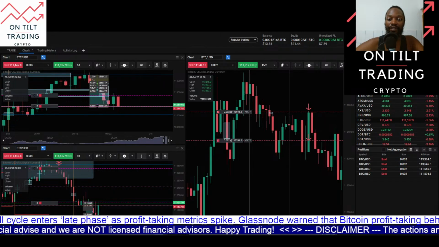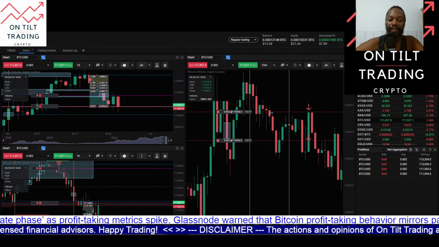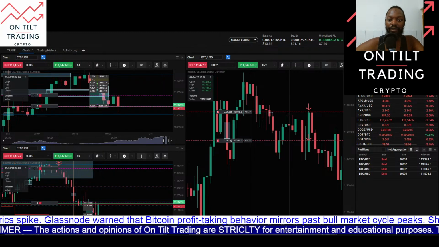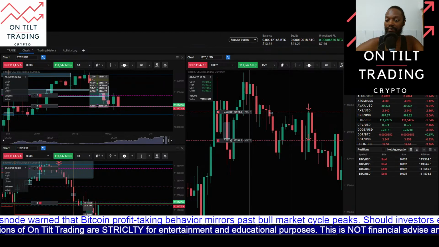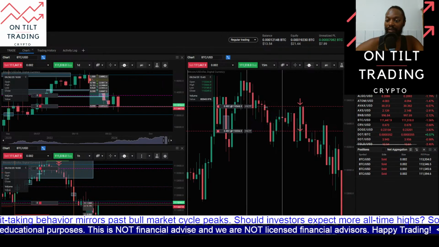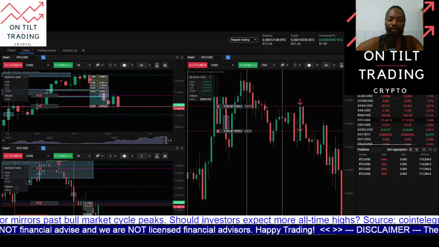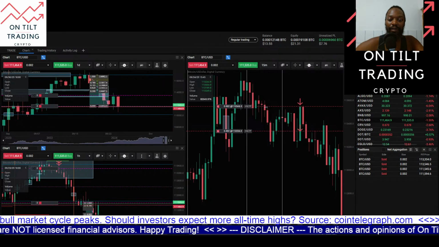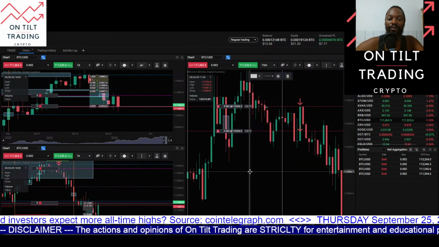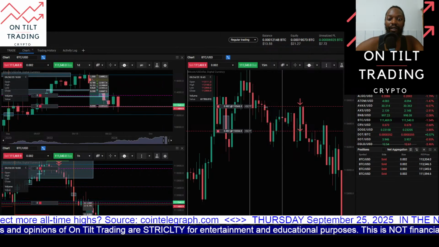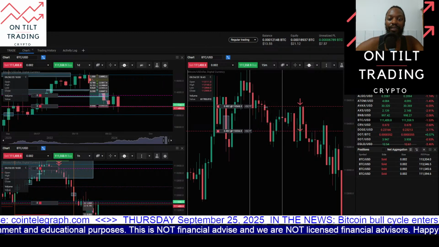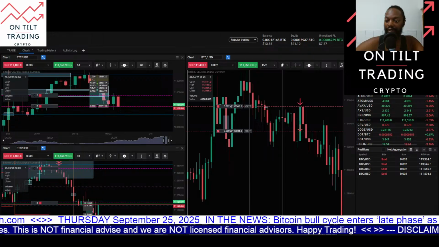And you can see here on the 15-minute, this is 1:30 p.m. New York time. And when that time comes in, you can see here buy side liquidity is swept out of the market with this candle trading to the buy side.